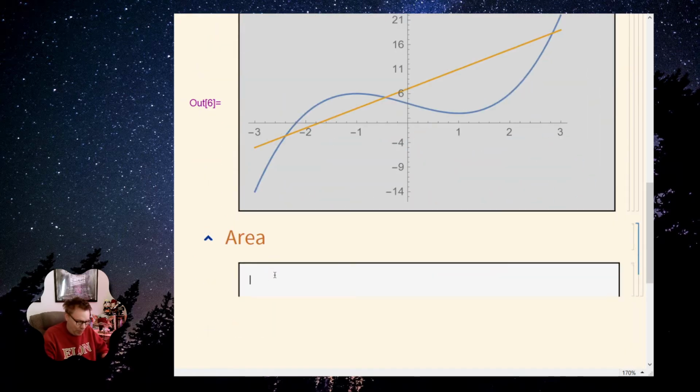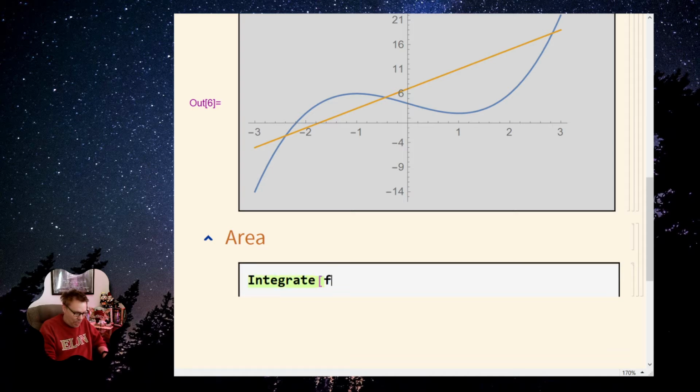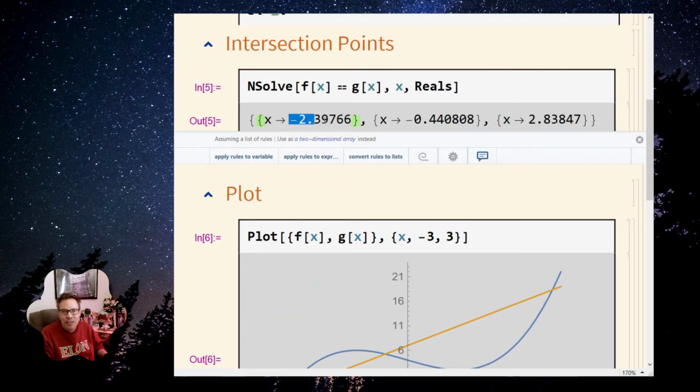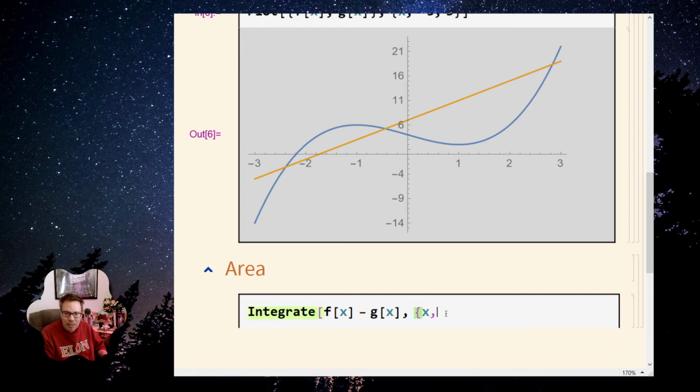The first region, I know I'm going to integrate f of x minus g of x, because that is the cubic function minus the linear function. And I'm going to go x from, well, probably the easiest way for me to do this is to copy this. I'm going to copy this, put it in here, and then notice there's a little accent mark.